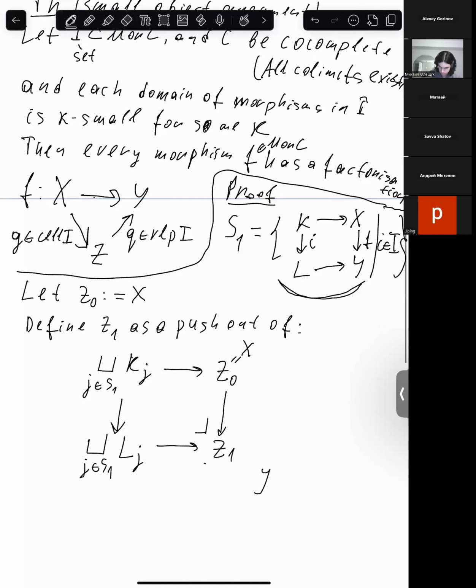Now, we will get it from the universal property of the pushout. We have a morphism from X to Y, that is just F, and a morphism from the coproduct of all these arrows from these commutative squares.